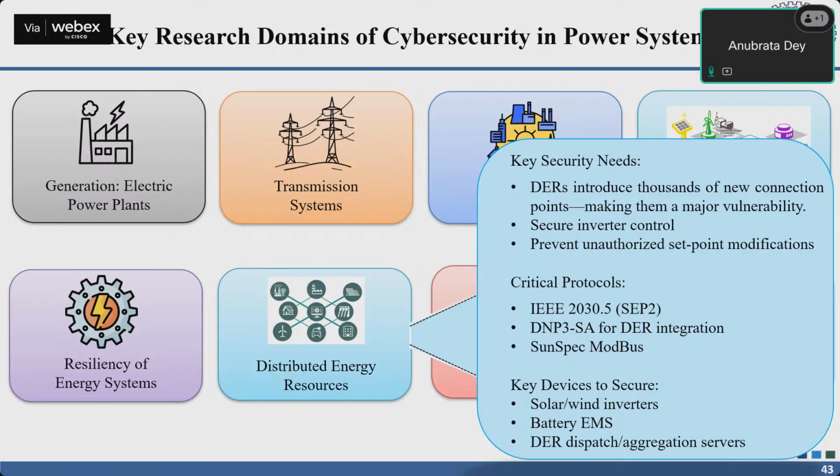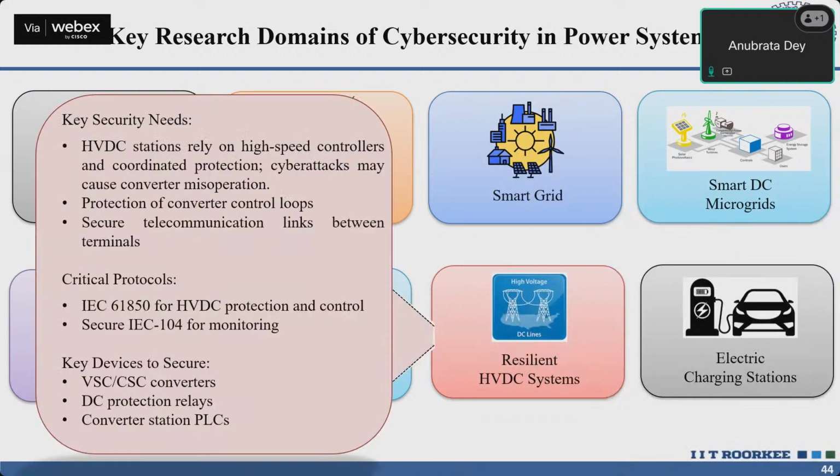And the key devices we need to secure are our solar inverters or wind inverters, battery energy management systems, and our DER servers, right, which are going to dispatch or aggregate the final outcome. So this is also there.